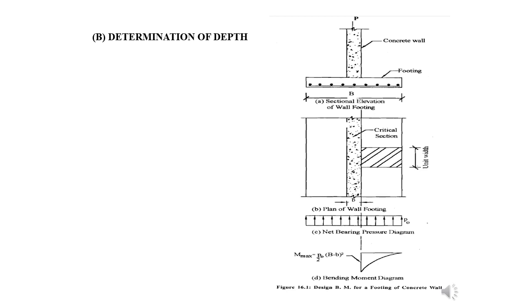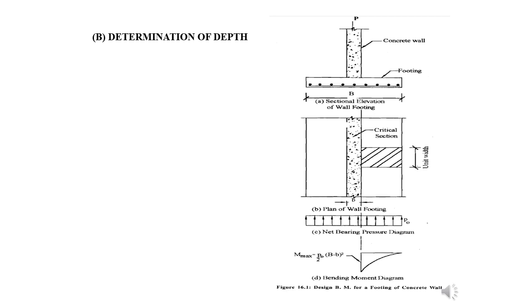Reinforcement is also there. This is the wall, concrete wall. This is a section and this is the plan. You can see here in the plan, the width of the wall is small b and the total width is capital B, right? And the per unit length we can consider for the design purpose.